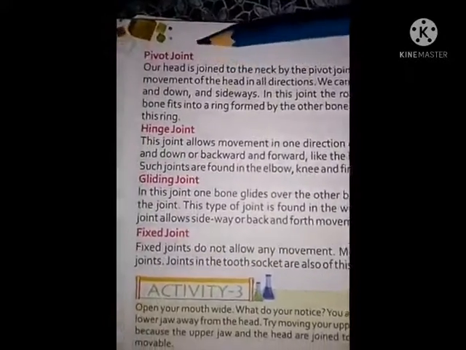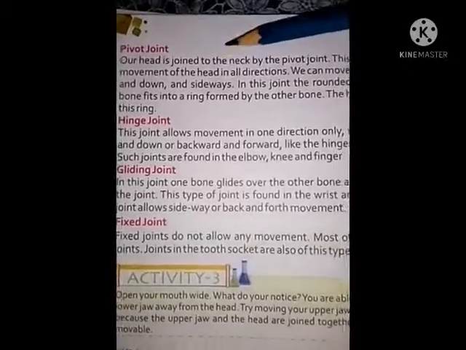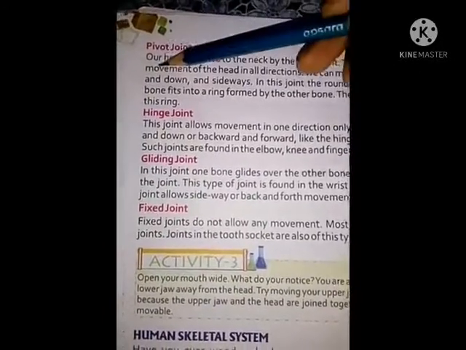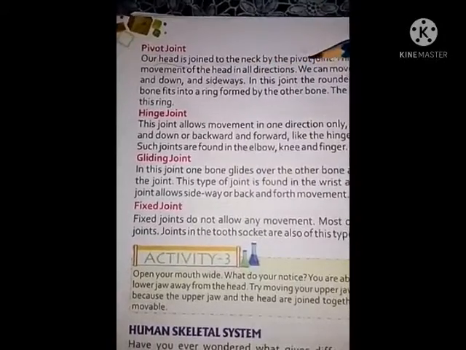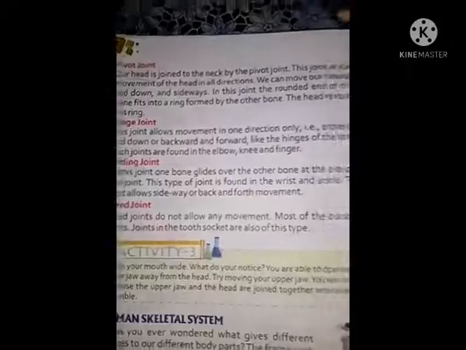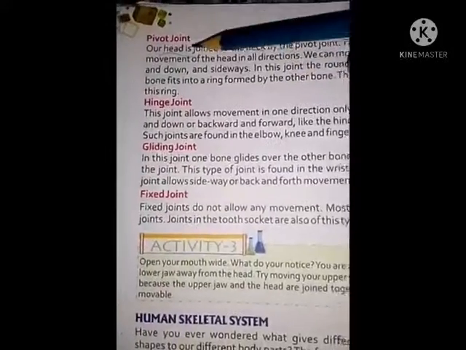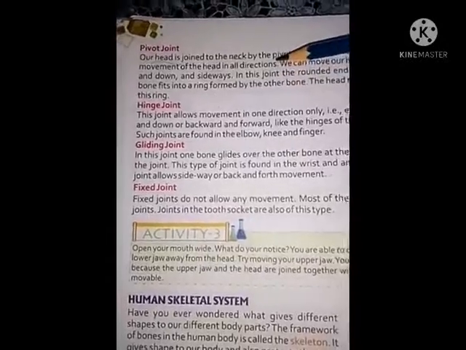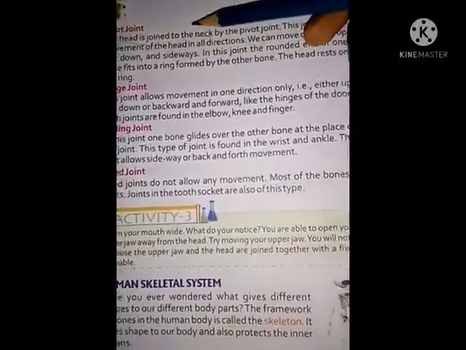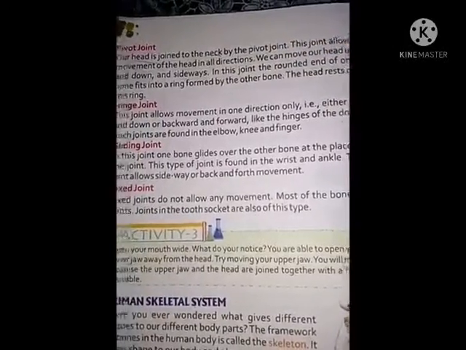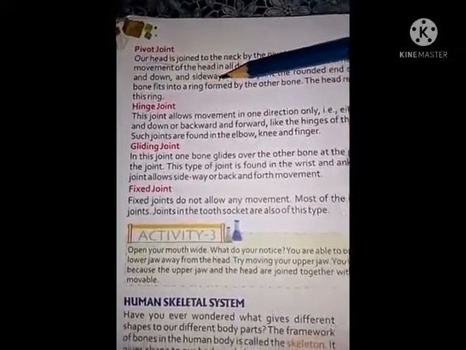Now see, pivot joint. Our head is joined to the neck by the pivot joint. Pivot joint is found in our head and neck. This joint allows movement of the head in all directions. We can move our head in all directions because of the pivot joint. We can move our head up and down and sidewise also.